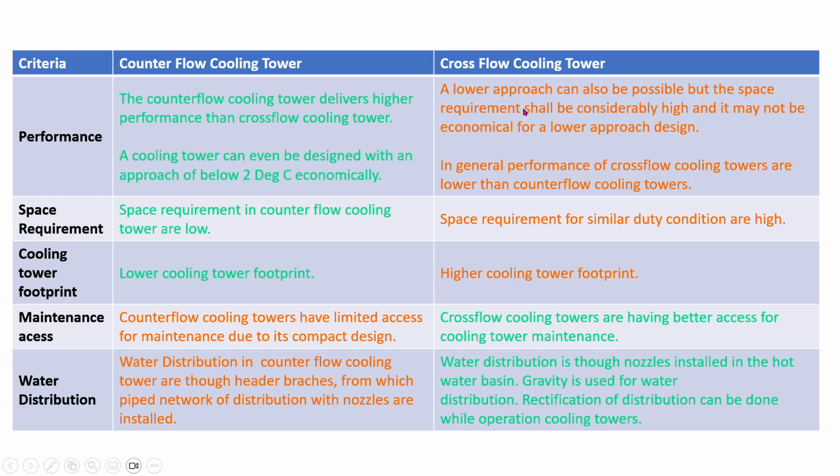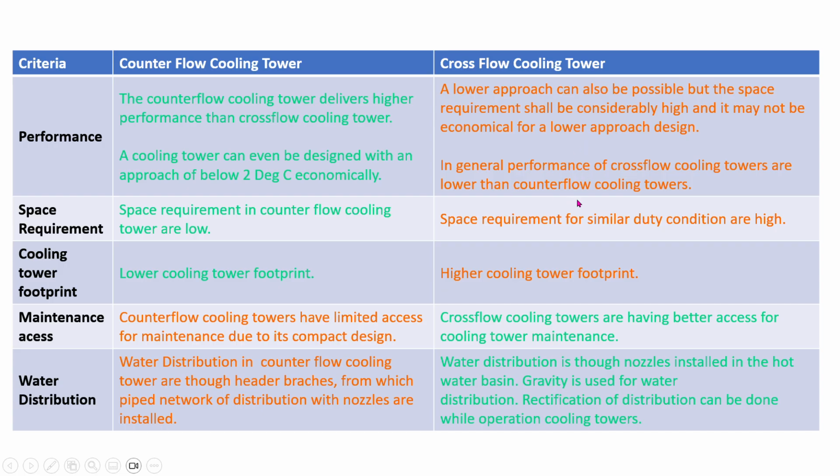A lower approach temperature, near to the wet bulb temperature, is also possible in the cross flow, but the space requirement will be very high, and it may not be economical for a lower approach design. If you want to design cooling water temperature very near to your wet bulb temperature, it is not very economical.